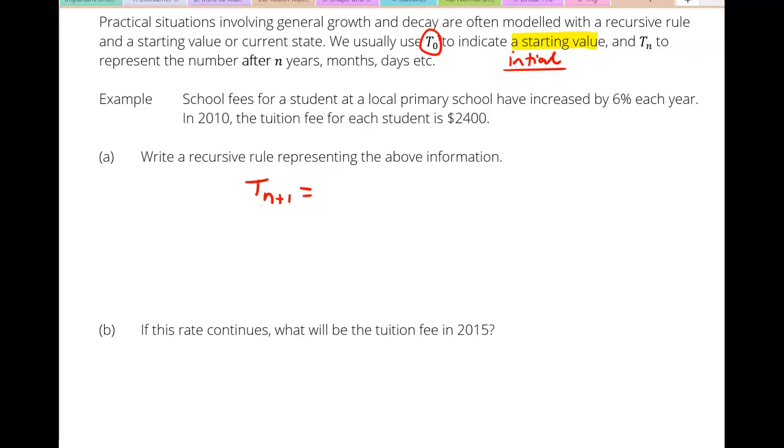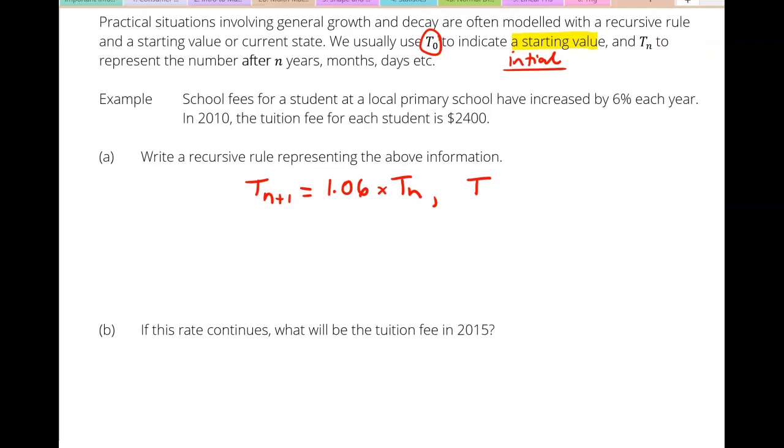What would we have to do to the previous term to show that? An increase, and we want the final school fees. How much you're going to pay with that 6% increase? What do we have to multiply Tn by? Yeah, 1.06.